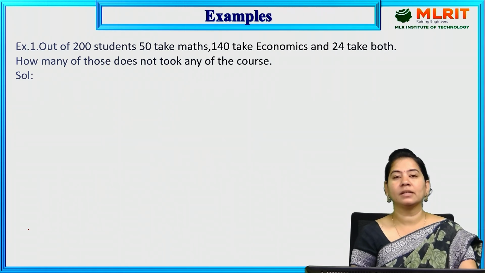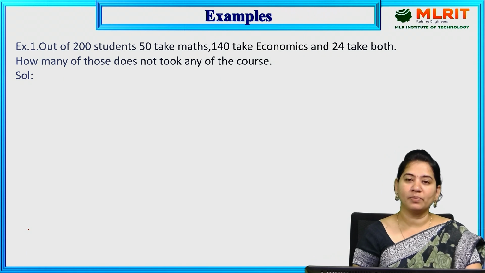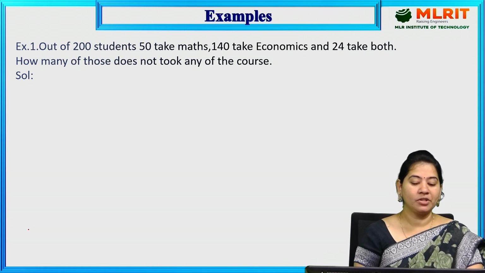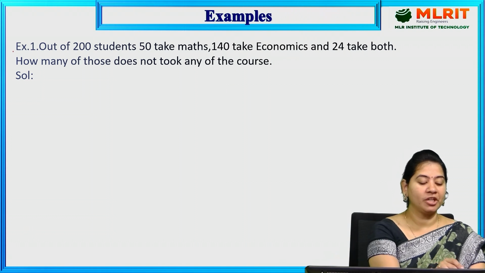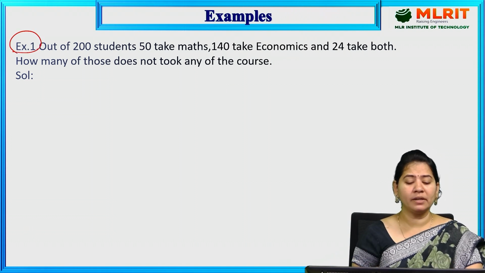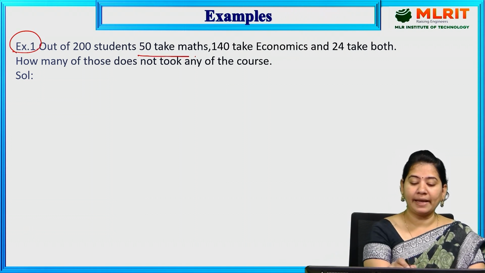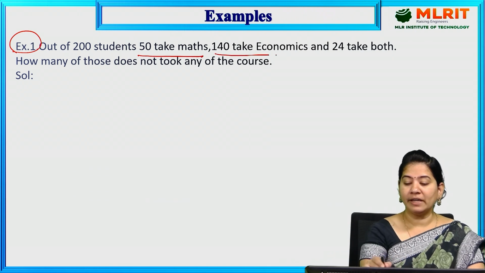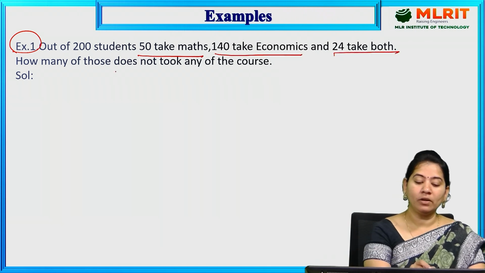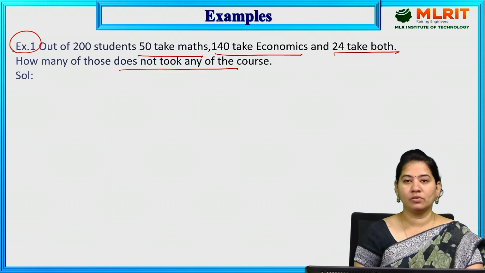So now let us try to solve the problems based on this principle of inclusion and exclusion. Here the first question is: out of 200 students, 50 take maths, 140 take economics and 24 take both. How many of those did not take any of the courses?